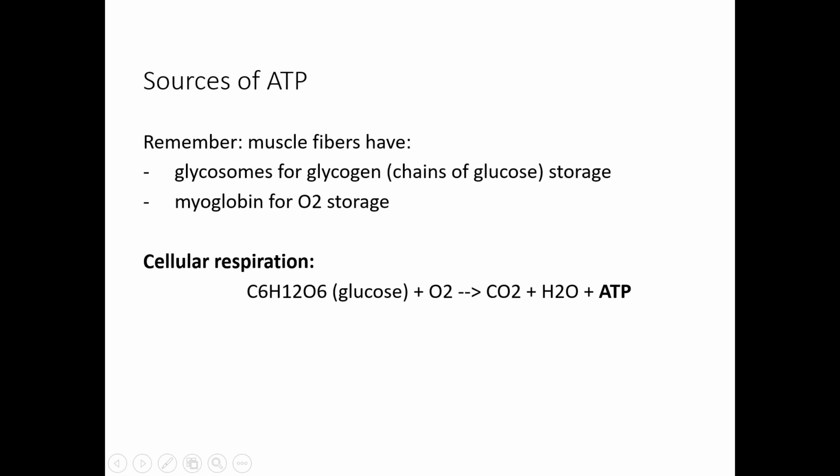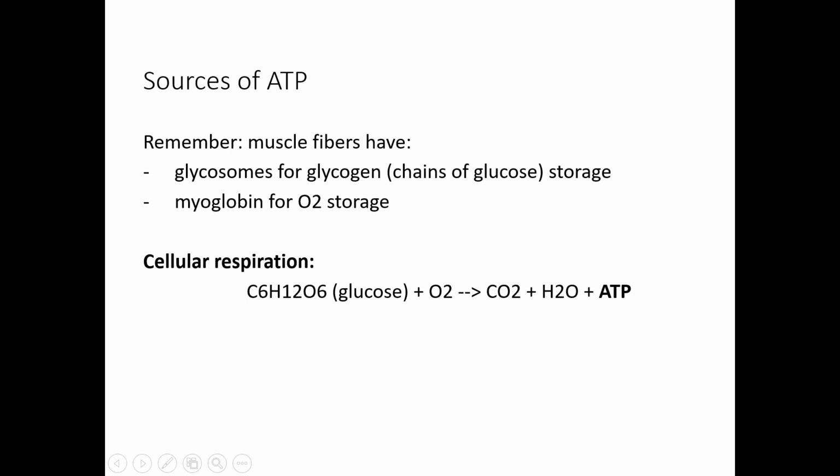So, glucose and oxygen, that's what our muscles take. And those two substances go through a lot of change, through many chemical reactions, and at the end they produce carbon dioxide, water, and ATP molecules. So cellular respiration.